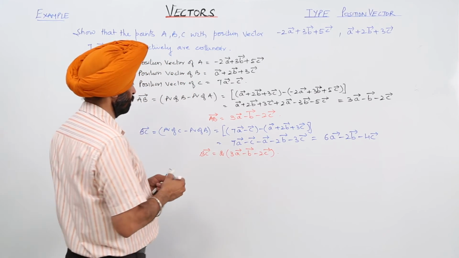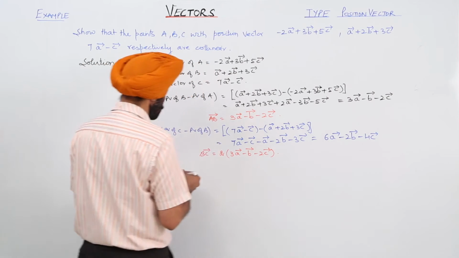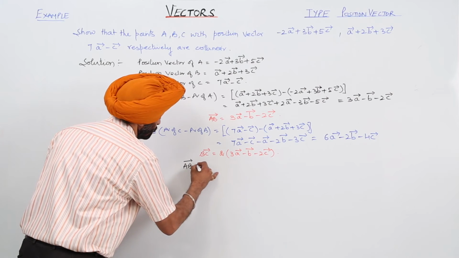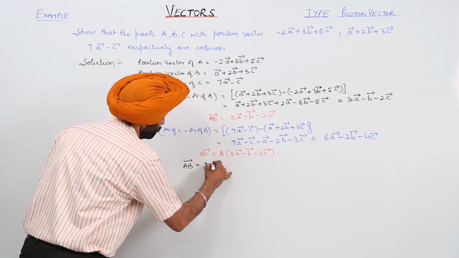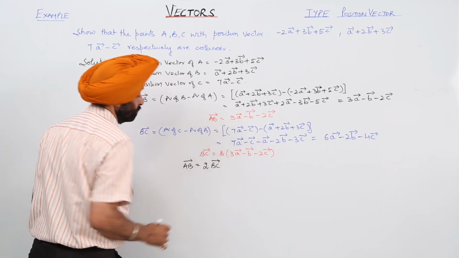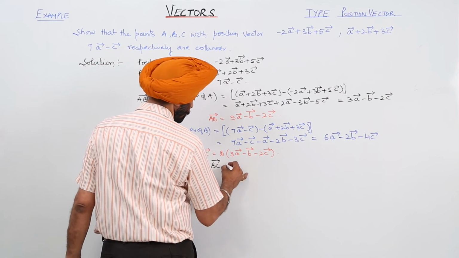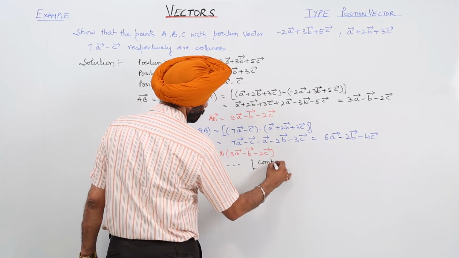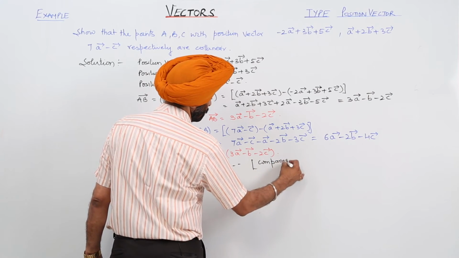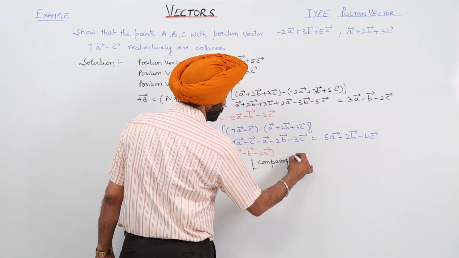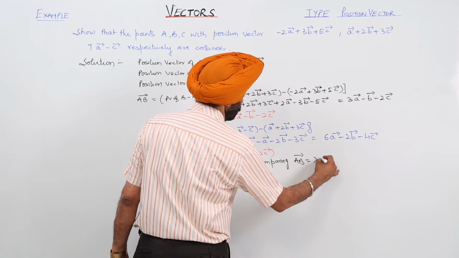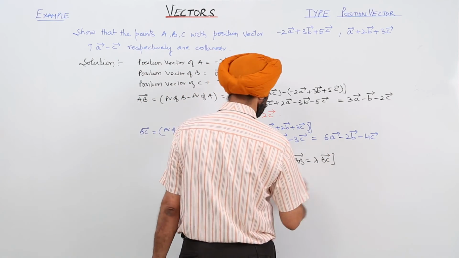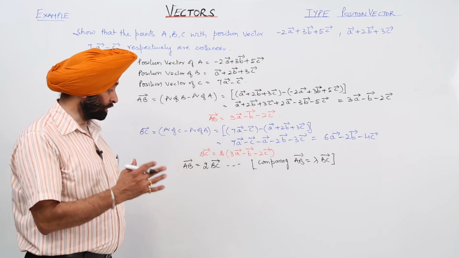Now we have got it, AB is equal to 2 times vector BC. Comparing, vector AB is equal to lambda vector BC, where lambda is what? 2, a scalar quantity.